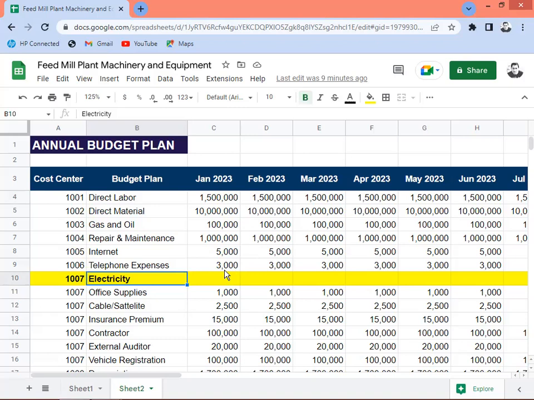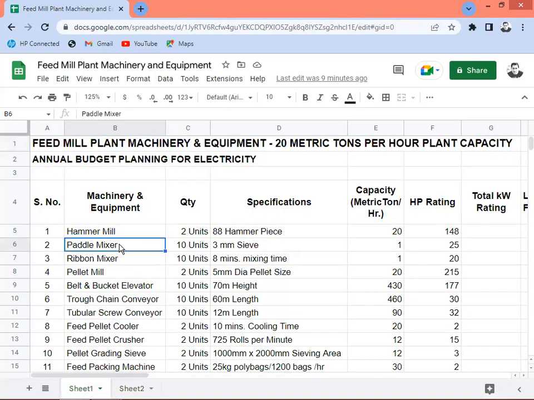Okay, so this is what we're going to find out in money terms, which is the electricity, one of the cost centers in your annual budget plan. So what we're going to do is go to the sheet where we have our electricity contributors, energy contributors.